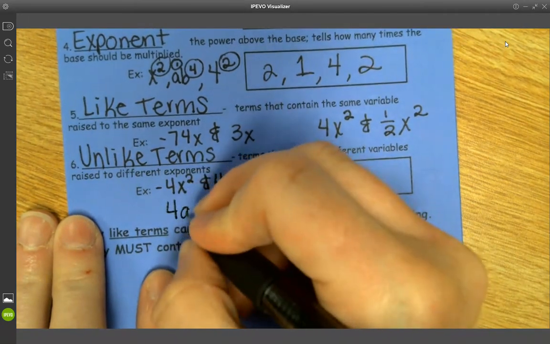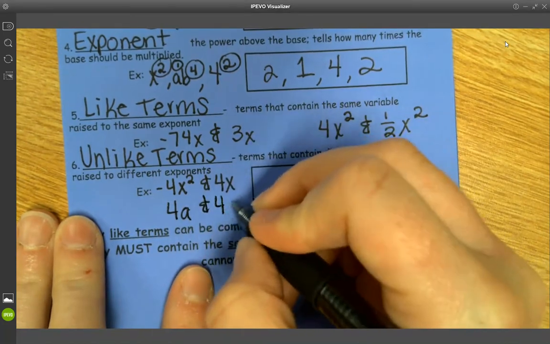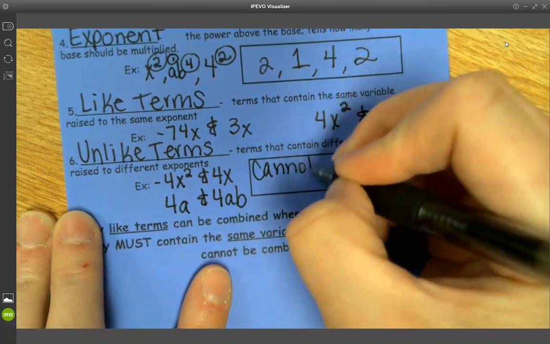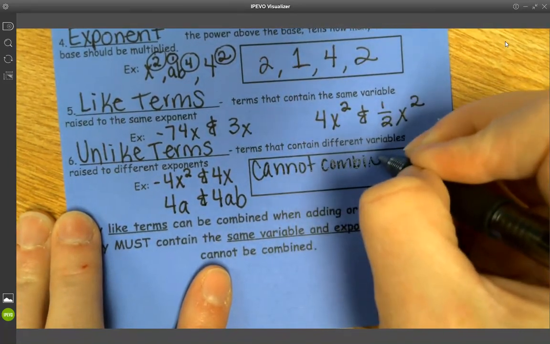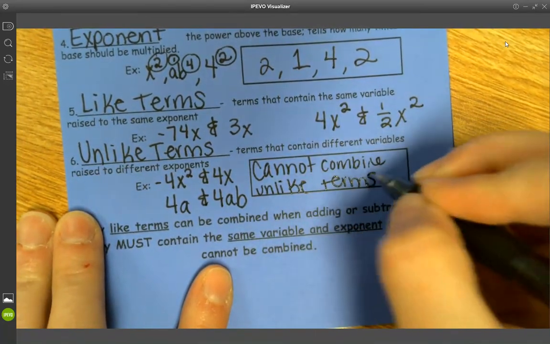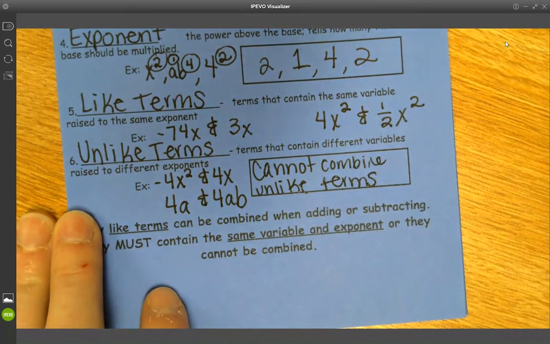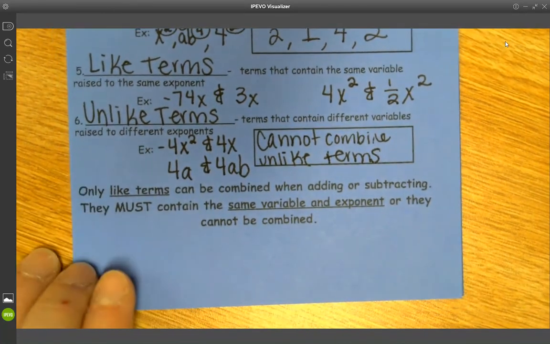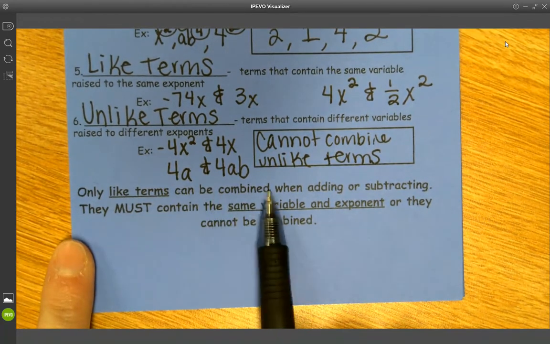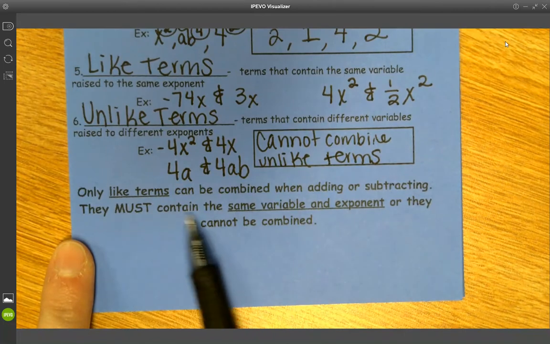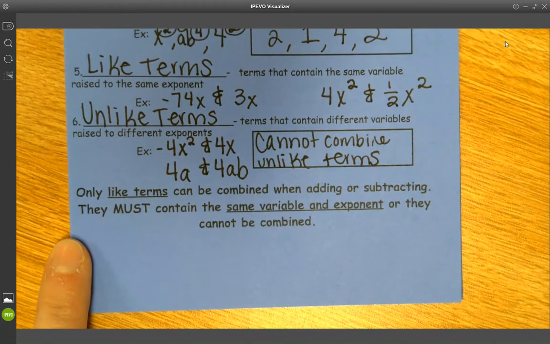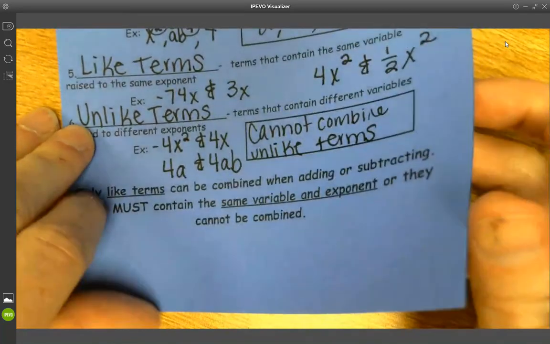If I have a 4a, I cannot combine that with a 4ab. Those are unlike terms. Cannot combine unlike terms. You have to keep them separated. Only like terms can be combined when adding or subtracting. They must contain the same variable and exponent or they cannot be combined. Just a reminder there. All right, let's keep on rolling.